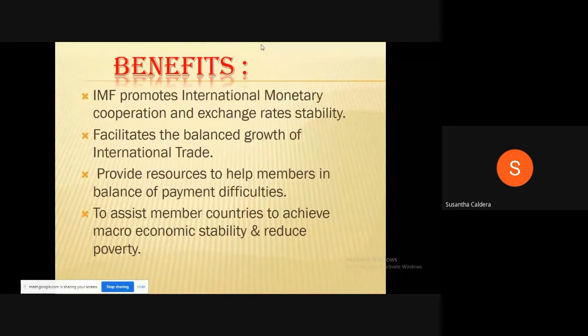And then in 1973, America's president was Nixon, Richard Nixon. During Richard Nixon's time, he announced we are going to quit the gold standard.